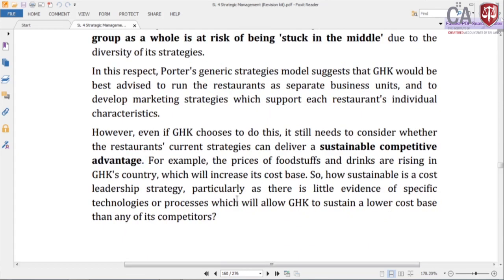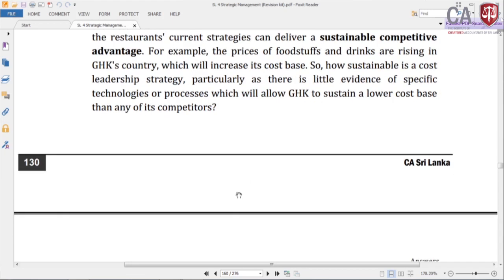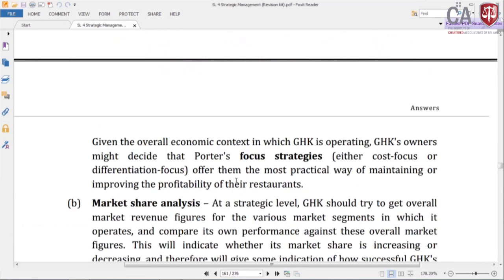However, even if GHK chooses to do this, it will need to consider whether the restaurants' current strategies can deliver sustainable competitive advantage. For example, the prices of foodstuffs and drinks are rising in GHK's country, which will increase the cost base. So, how sustainable is a cost leadership strategy, particularly as there is little evidence of specific technologies or processes which will allow GHK to sustain a lower cost base than any of its competitors?